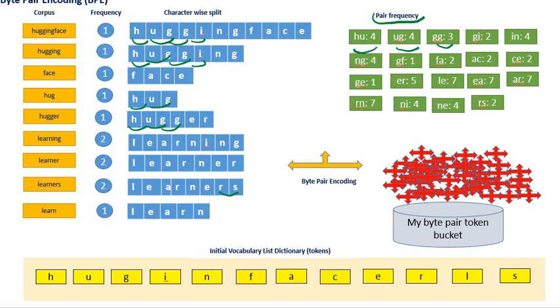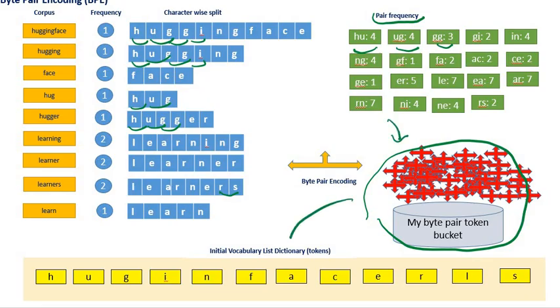Now let's assume I define a kind of byte pair token bucket. We put all these pairs from the pair frequency into the bucket, and finally we pass them to a vocabulary list dictionary.